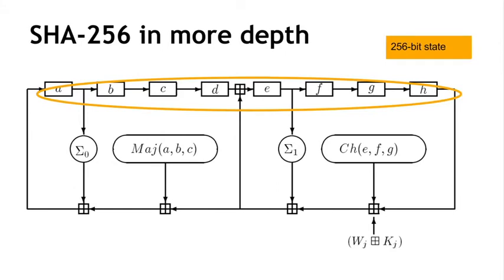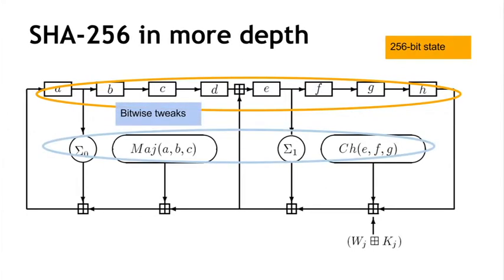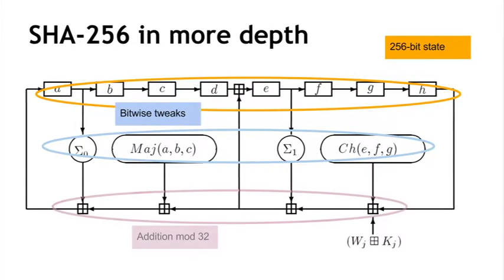So there's a 256-bit state in SHA-256. It's split up into 8 32-bit words. So this is very much optimized for 32-bit platforms. And in each round, some of those words are taken. There's 4 different tweaks that are applied to those words at the bit level. Each one of these is 2 or 3 bits being flipped or ANDed together, basic logic operations.